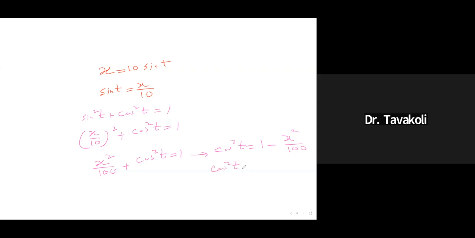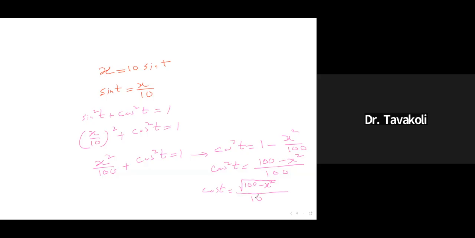So 1 minus x squared over 100. The common denominator is 100. The top becomes 100 minus x squared. So cosine of t is the radical of that. The radical of the top, I can't do anything about that. Remains radical of 100 minus x squared. Radical of the bottom is just 10. Radical of 100 is 10.